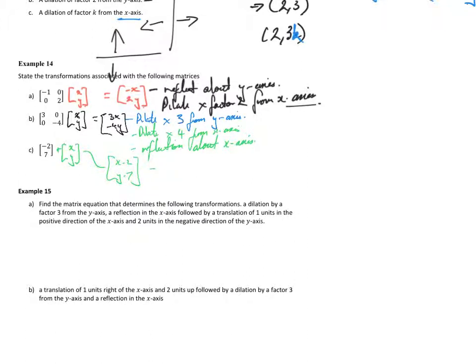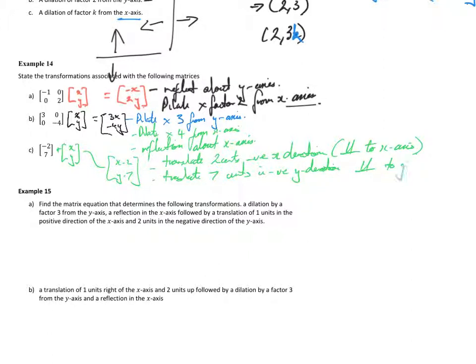That means we shift 2 units to the left, so translate 2 units in the negative x direction, or parallel to the x-axis, and the y value has been decreased by 7. So let's translate 7 units in the negative y direction, which is parallel to the y-axis.